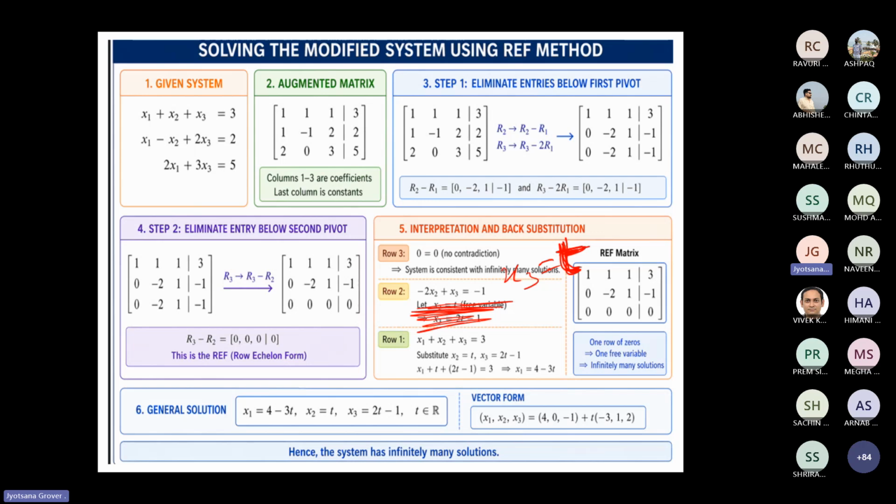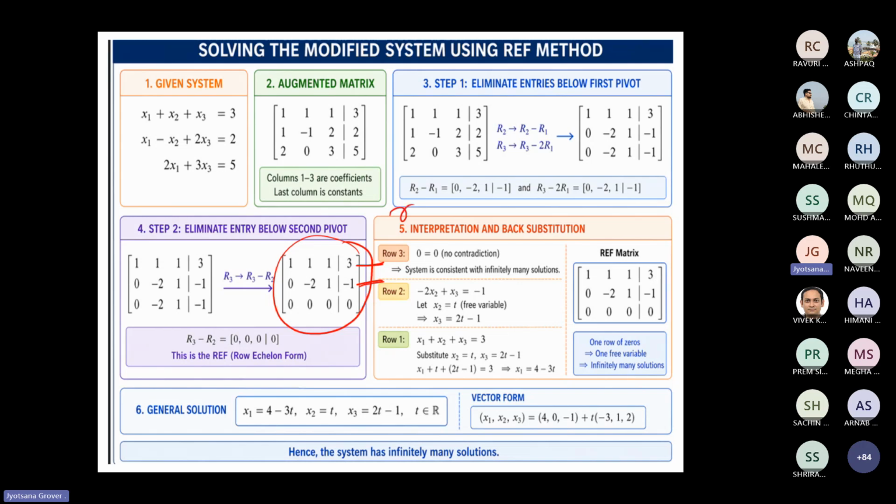See, this is the situation where you have rank A equal to rank of the augmented matrix, but it is less than the number of variables. The rank of A, which is the number of non-zero rows, is 2. And the augmented matrix also has only 2 non-zero rows, so its rank is also 2.